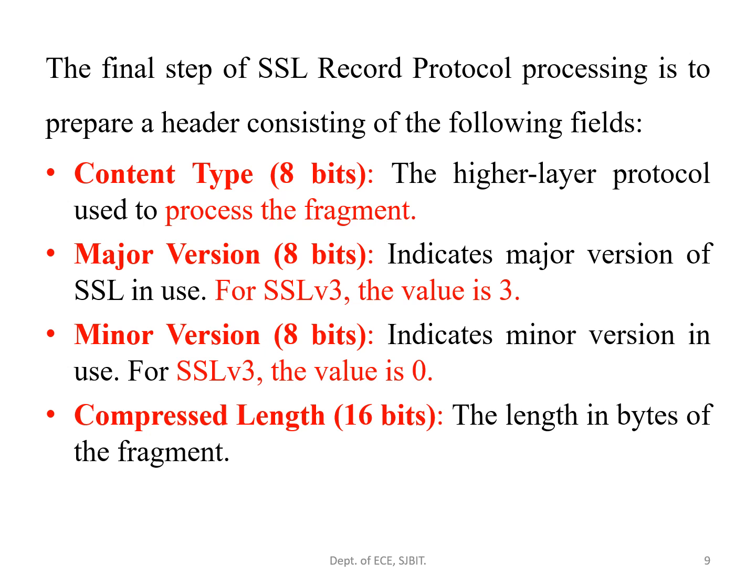The minor version indicates the minor version in use. For secure socket layer version 3, the value is 0. So the major version has value 3 and the minor version has value 0. Next, compressed length, 16 bits: the length in bytes of the fragment.